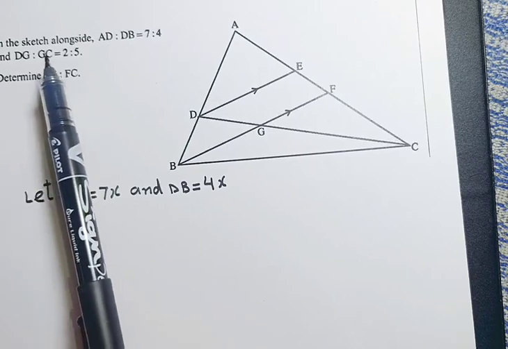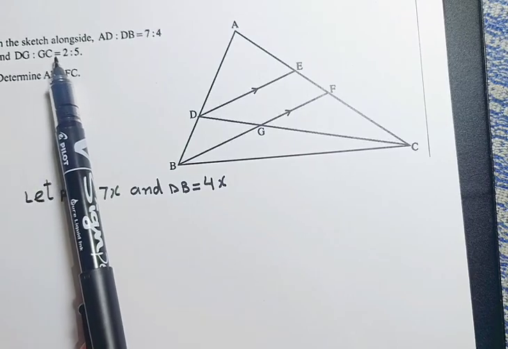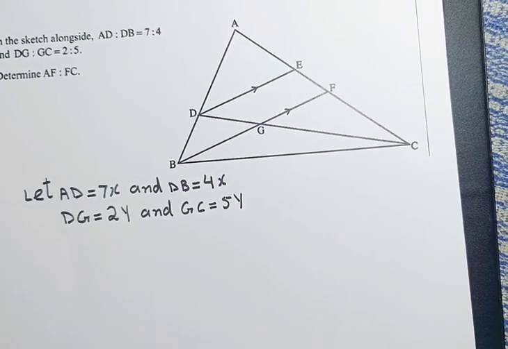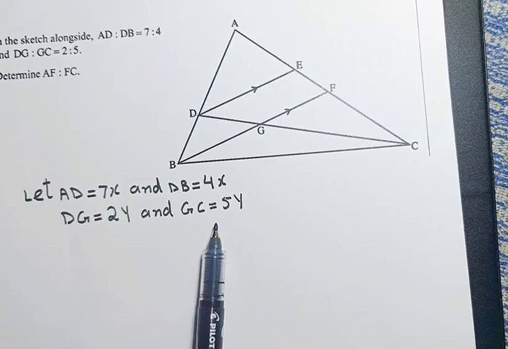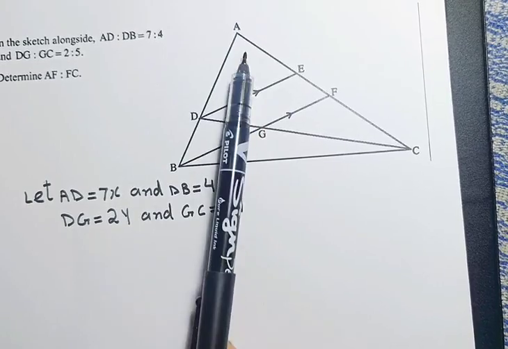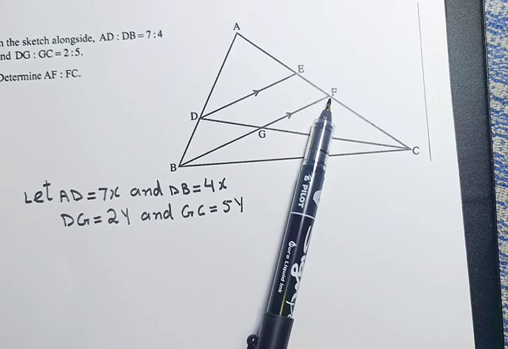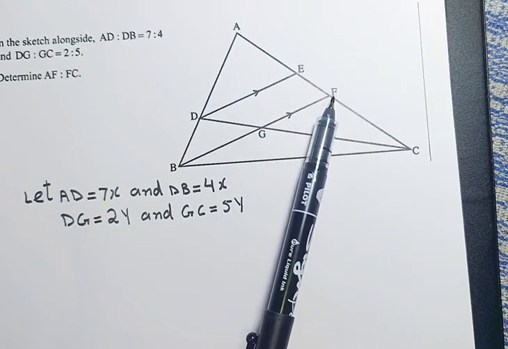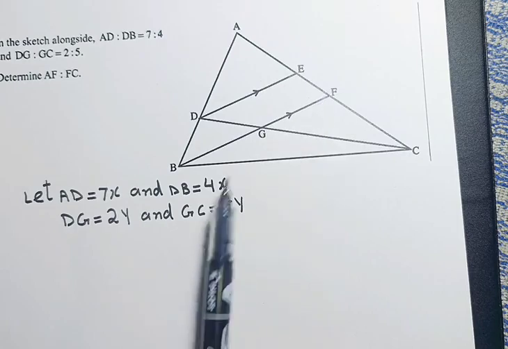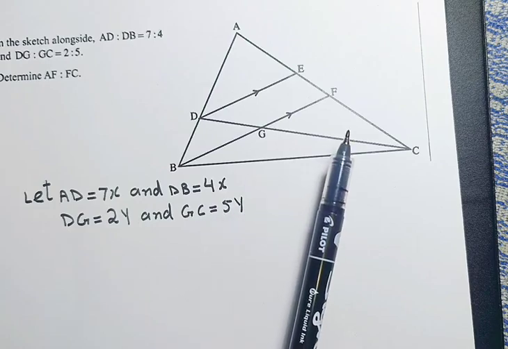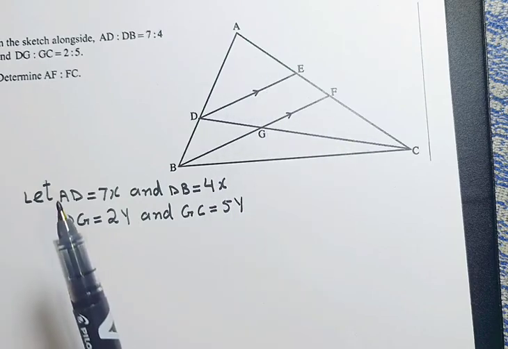And DG is equal to 2y and GC is equal to 5y. So we need to find here AF ratio FC. Now we need to transfer both ratios onto the same line segment AC.